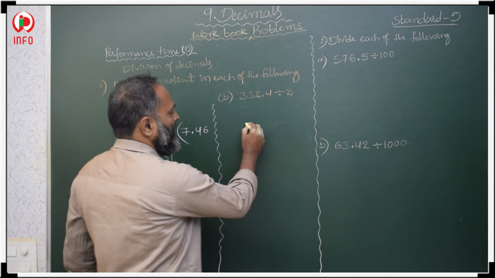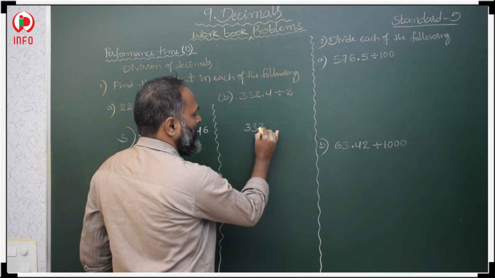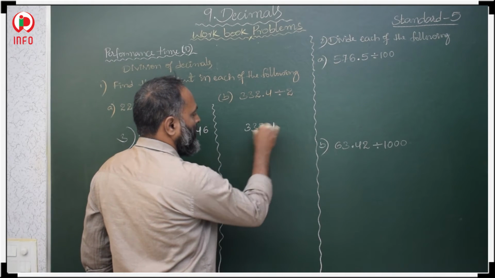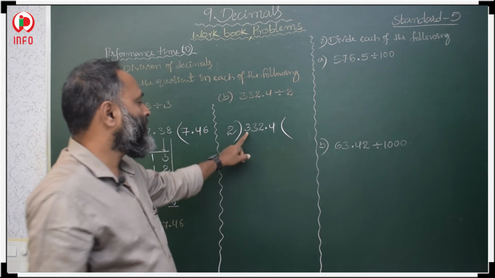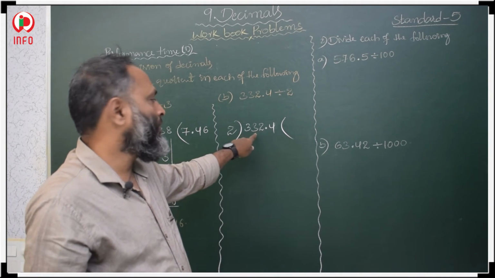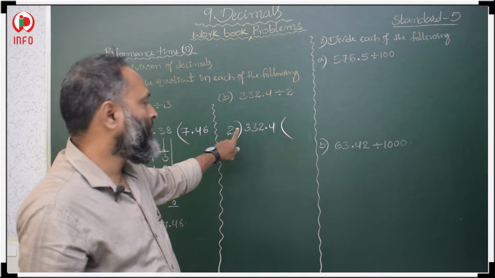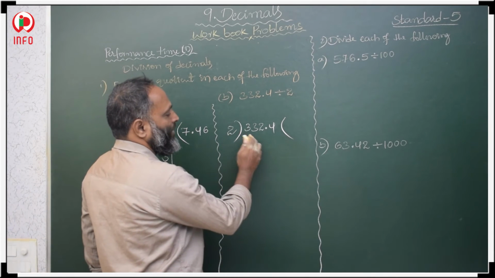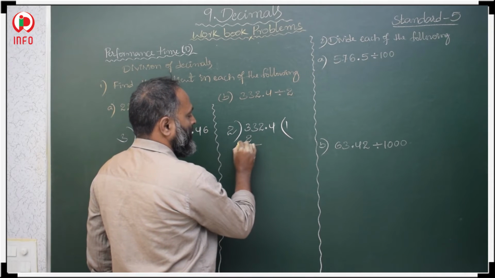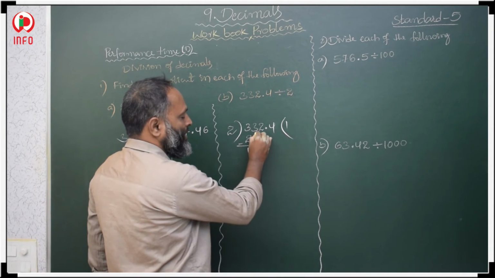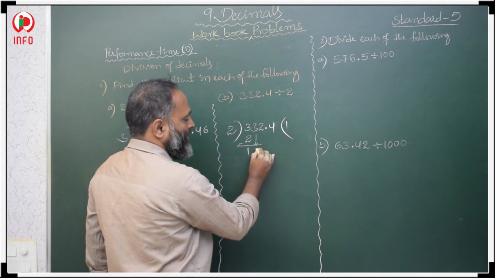The next question, 332.4 divided with 2. This 3 is smaller than the divisor, no need to take 33. So 3 is enough. In the 2 table, when will you get 3? 2 1s are 2. Then 3 minus 2 is 1. Copy the next one, that is 3.